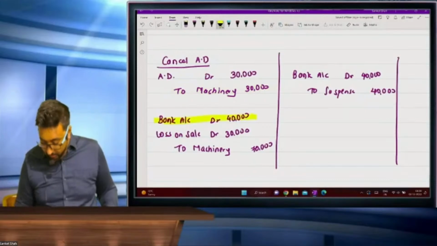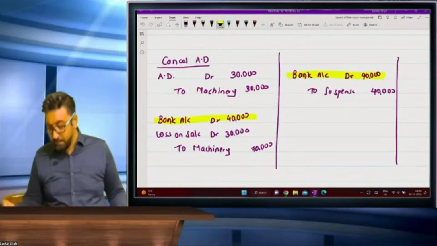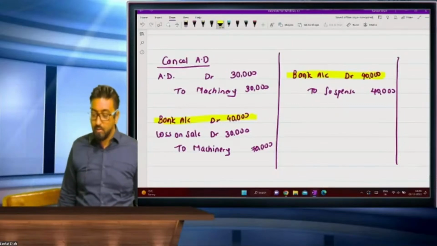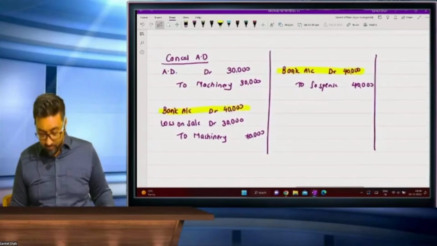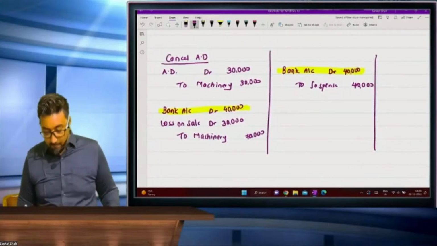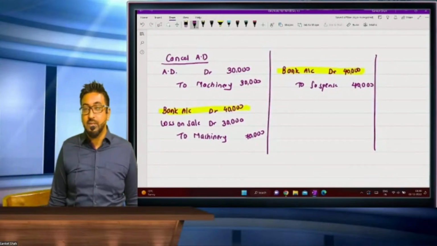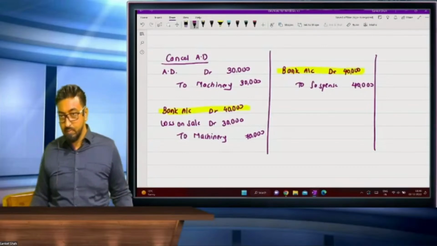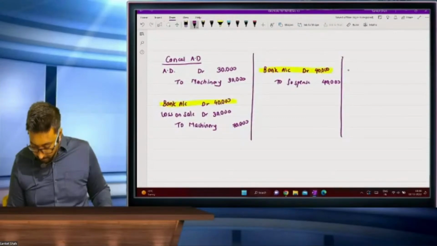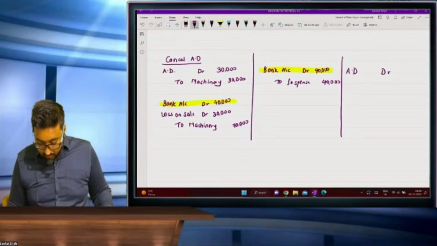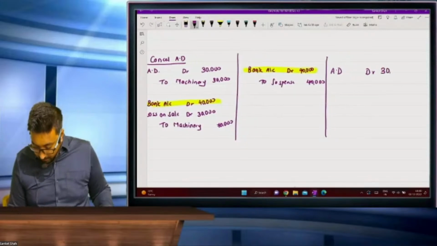Bank correct. Accumulated depreciation 30,000.